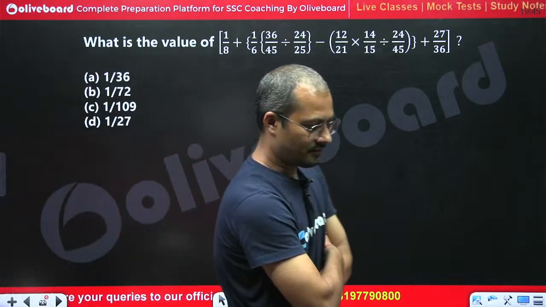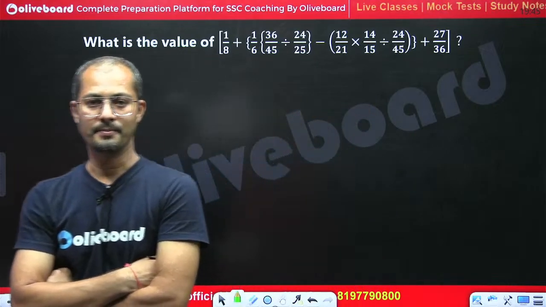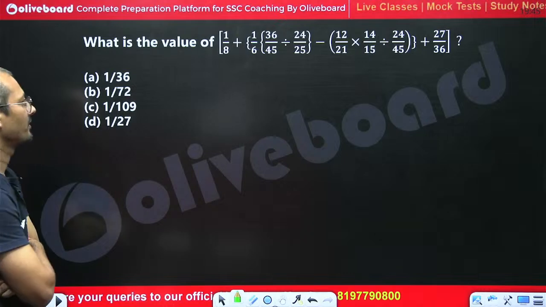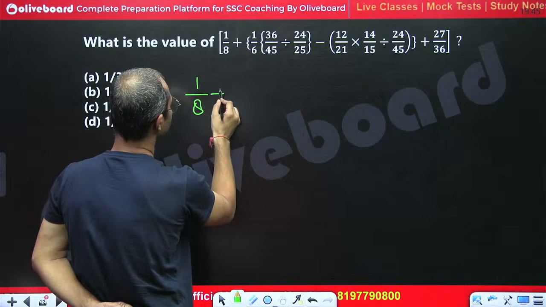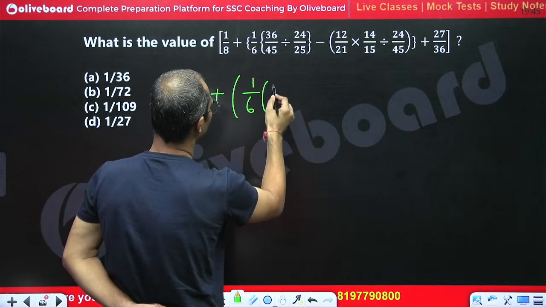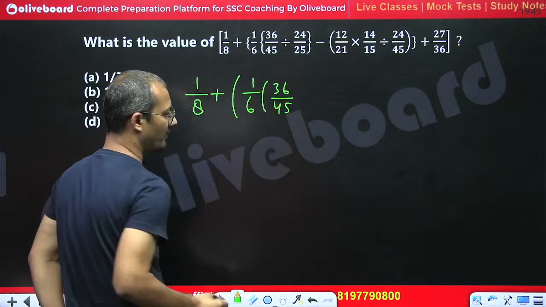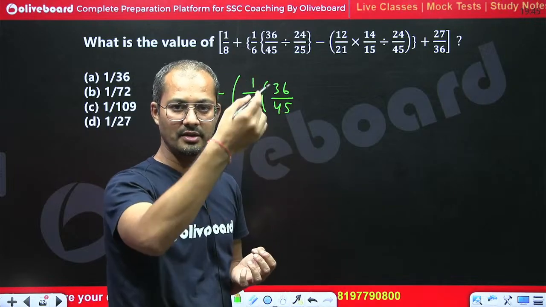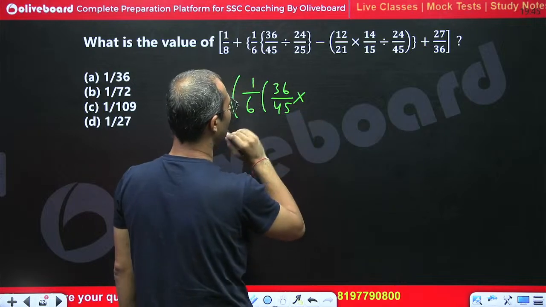This is from the simplification part. Here we would apply the BODMAS rule, right? See, so 1 upon 8 plus 1 upon 6, bracket, 36 by 45 for division. When a fraction is divided by a fraction, the right-hand side fraction is reciprocated, and it is converted into multiply form.